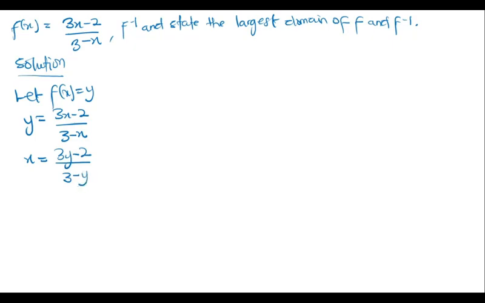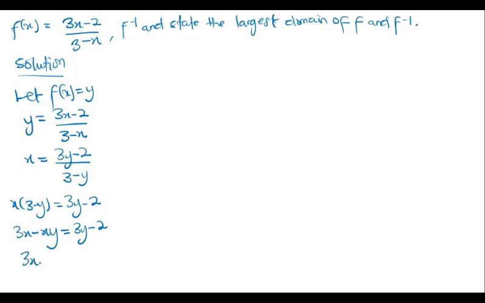So we cross multiply and make y the subject again. So we have x(3 - y) equal to 3y - 2. We expand this, we have 3x - xy is equal to 3y - 2. Because I want to avoid negative, I will send the negative xy to the other side of the equal to sign.